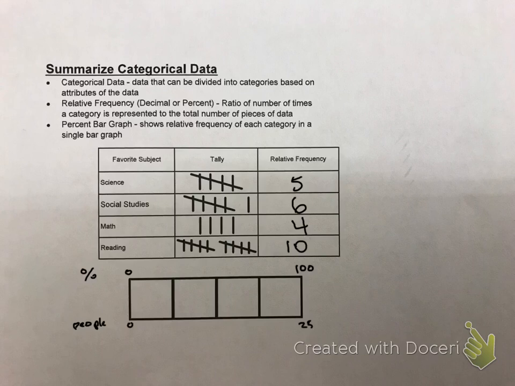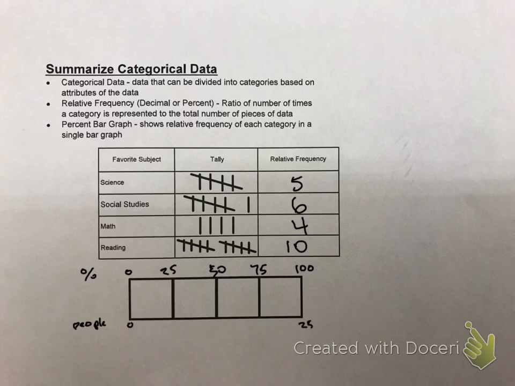Now we need to fill in the lines in between so that we know how many people that represents and what percentage. So the first line, that's 25%. Then we have 50 and 75. Well, here we're going to divide this up, and we're going to round because it's not going to work out perfectly.